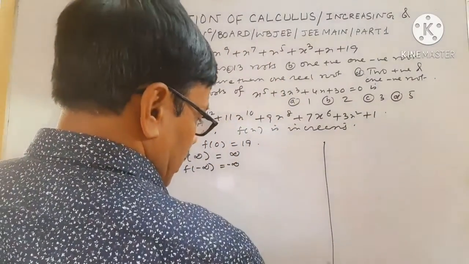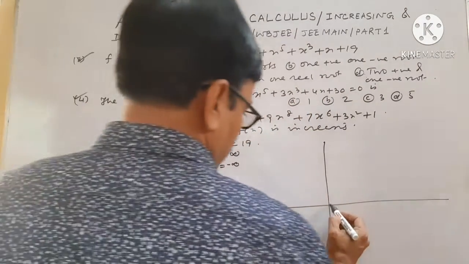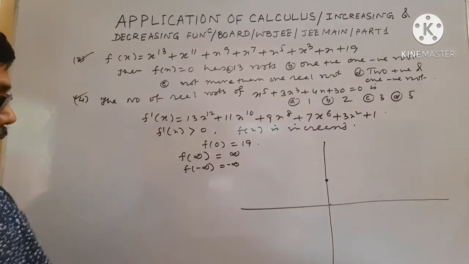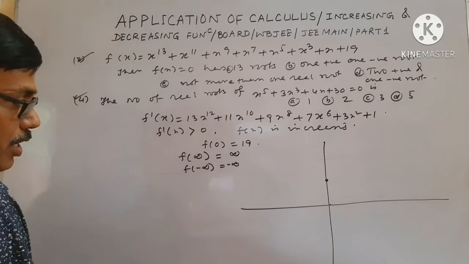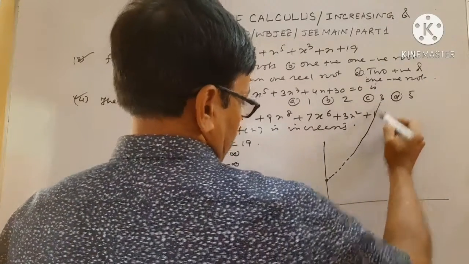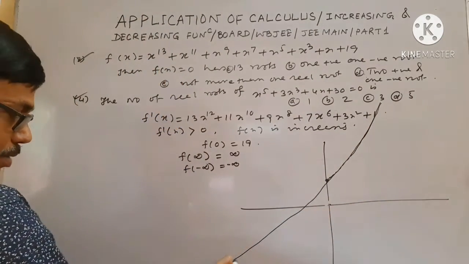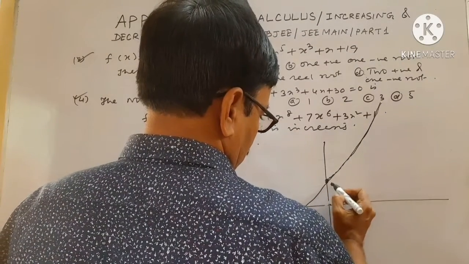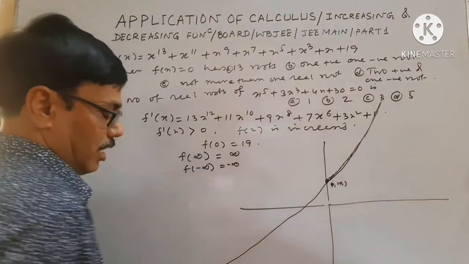So if you look at the nature of the curve, f(0) is 19, f(minus infinity) is minus infinity, and f(plus infinity) is infinity. So you get increasing nature. The figure will be like this, this is (0, 19). It is increasing because f dash x greater than 0.